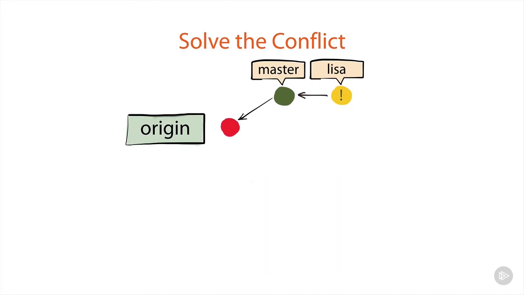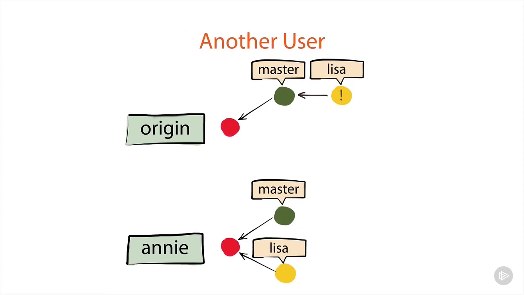However, things break down when we introduce another user. Our friend Annie is also working on the same cookbook repository, and she still has the original non-exclamation marked yellow commit in her repository. Not only that, she also kept working on the Lisa branch. She added a commit there.